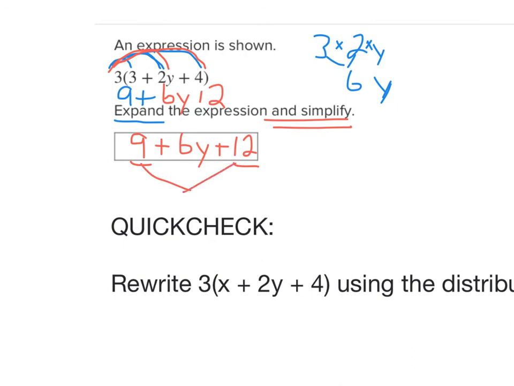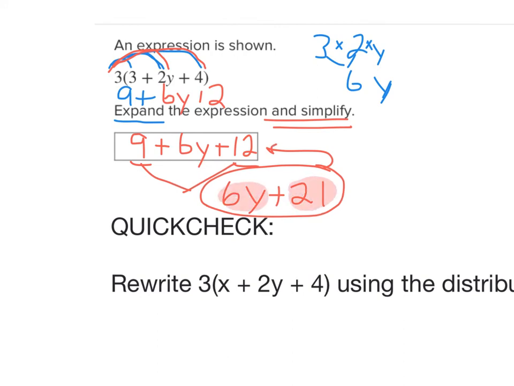So it's 6y plus 21. That's my actual answer. 6y plus 21. When you're writing your answer, you almost always put the constant last and the terms with variables first.